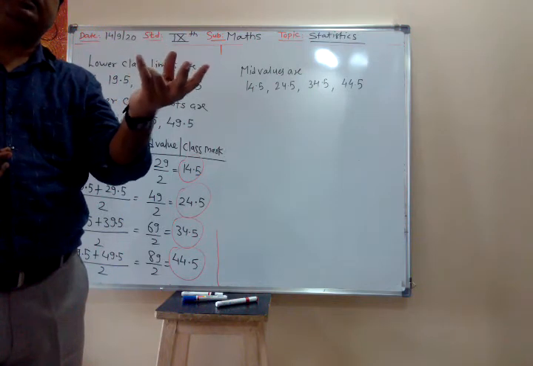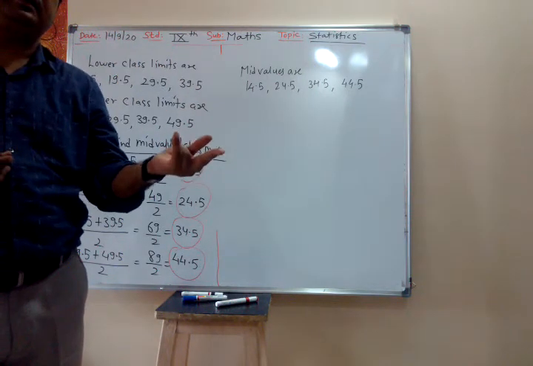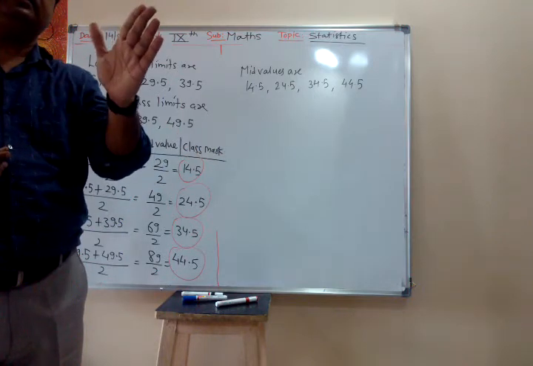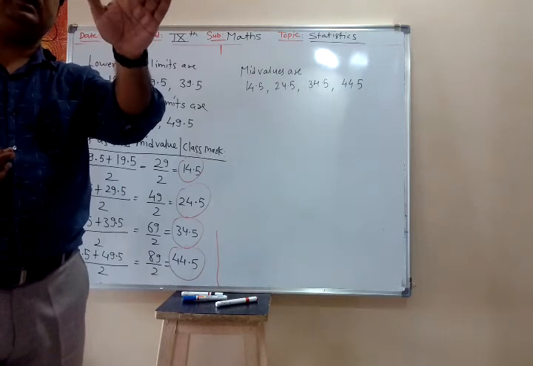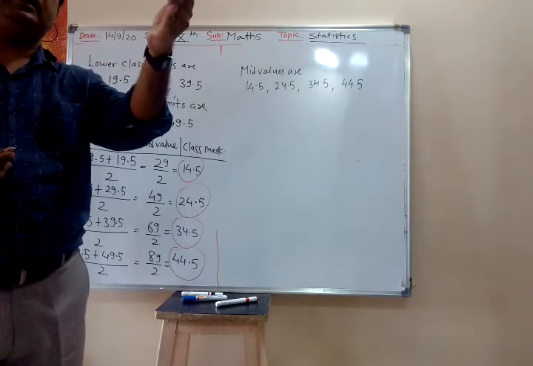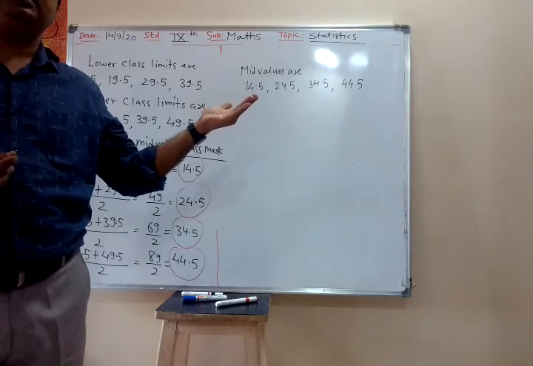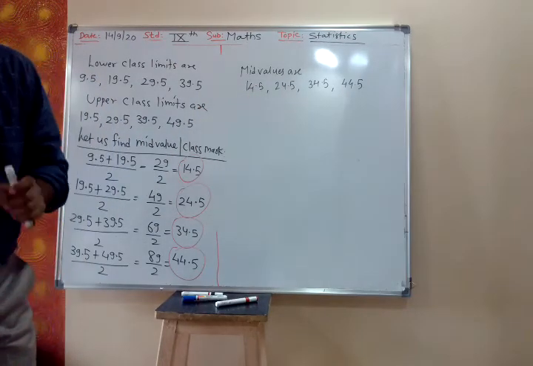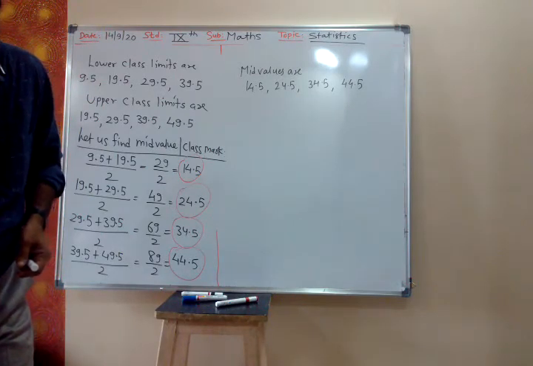Whatever is the difference between two consecutive class intervals, we divide that difference by 2 and get the adjustment factor. That adjustment factor we subtract from the lower limit and add to the upper limit. We get the actual class. From that actual class we can find the class mark or mid value using the formula lower limit plus upper limit divided by 2. Now 6 will be homework.